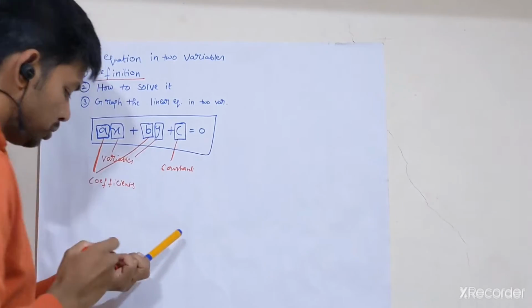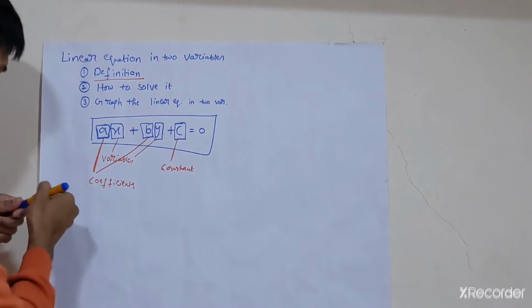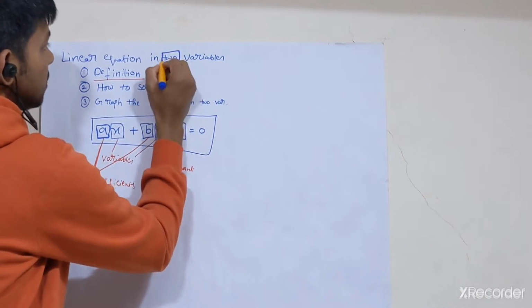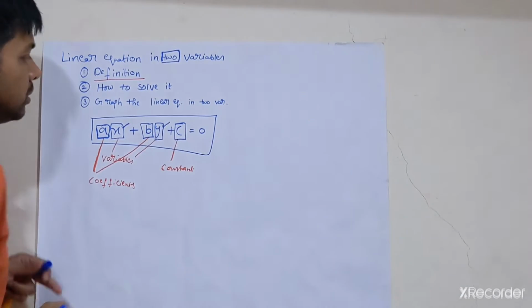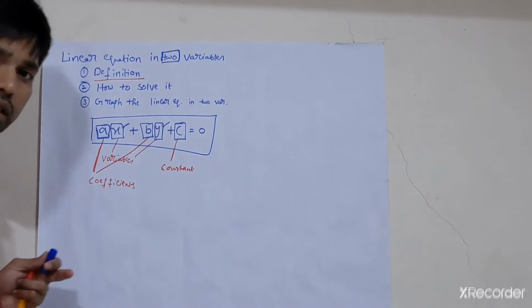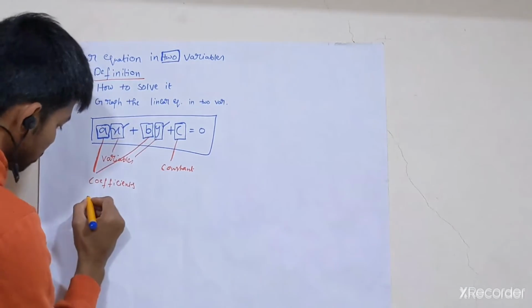So first we should know the definition. Here you can see that the linear equation has two variables. In this equation there are two variables, one is x and one is y, and then the coefficients a and b should not be both 0.